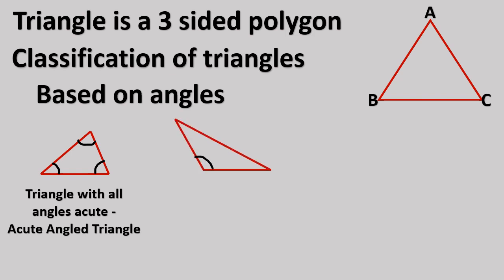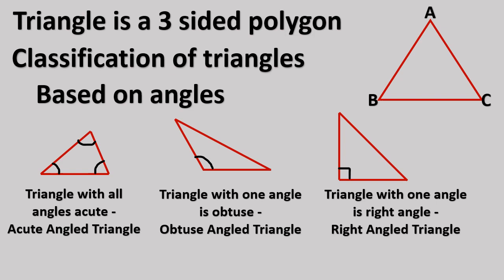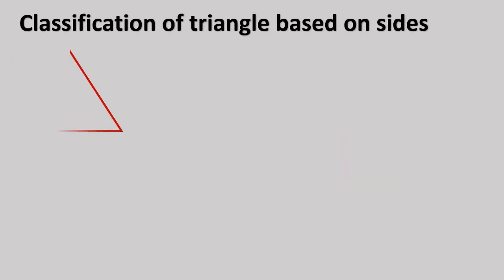A triangle with one obtuse angle is called an obtuse angled triangle, and a triangle with one right angle is called a right angled triangle. This you have already learned in smaller classes. Just a recap only, as it's an introduction video. I included the basic properties of what a triangle is and all. So next, move on to classification of triangles based on sides.